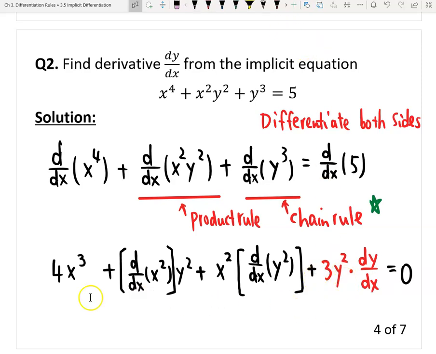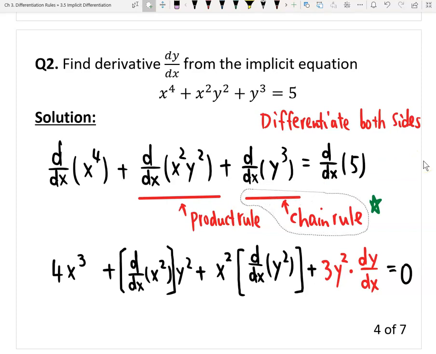Okay, so now we move to this equation. The second term, this is easy, right? The third term, pay attention. The third term, this is what? Chain rule again. As we used it there, let me just copy a little. We have almost the same as this.